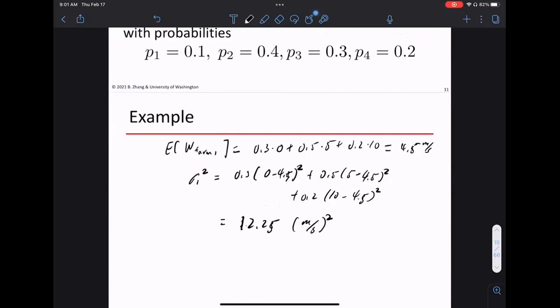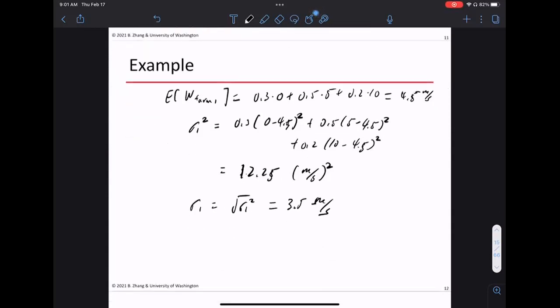For the standard deviation, we take the square root to get the unit to be the same. This is 3.5 meters per second. So this has a mean of 4.5 meters per second with a spread of 3.5. This is one example.